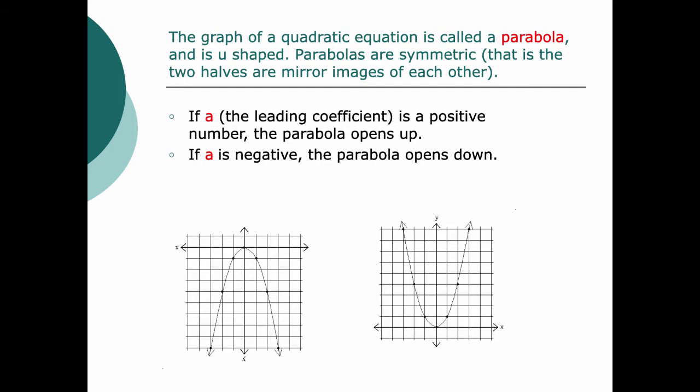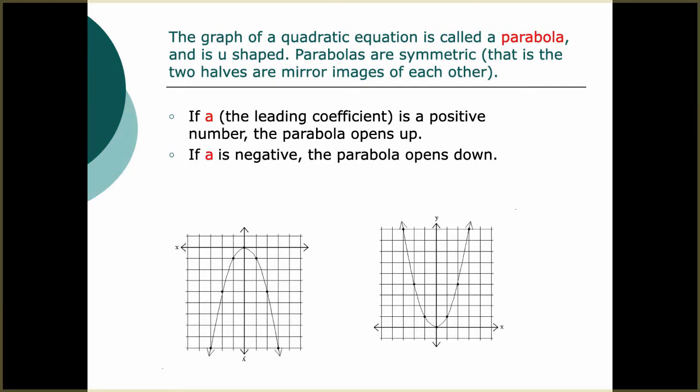And if you go way back to chapter 1, we talked about lines of symmetry. We will do that again as we go through this lesson today. If the leading coefficient of a quadratic is positive, then the parabola opens up. So on our last slide, we had y equals x squared minus 5x plus 2.